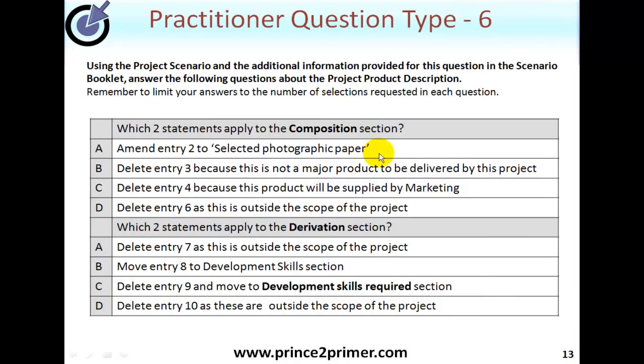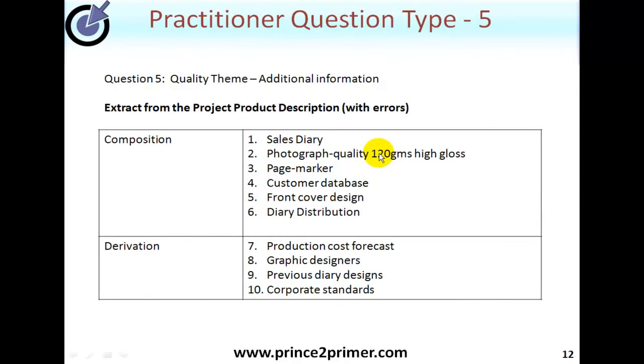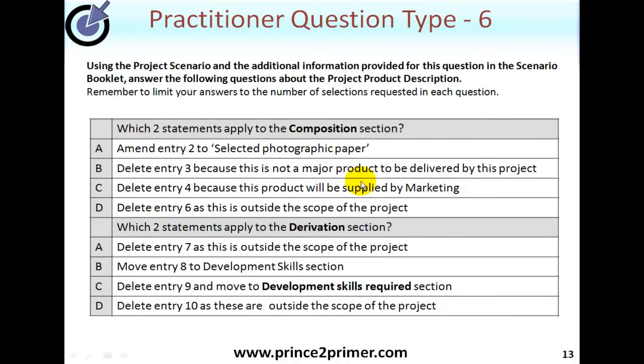Now, if all you did was to read this first, and then secondly, go and find the additional information, your brain would be getting confused. What I suggest you do is this: when you see a question like this, which is talking about amending or deleting a document that's shown in the additional information, do not even read or attempt the questions first.